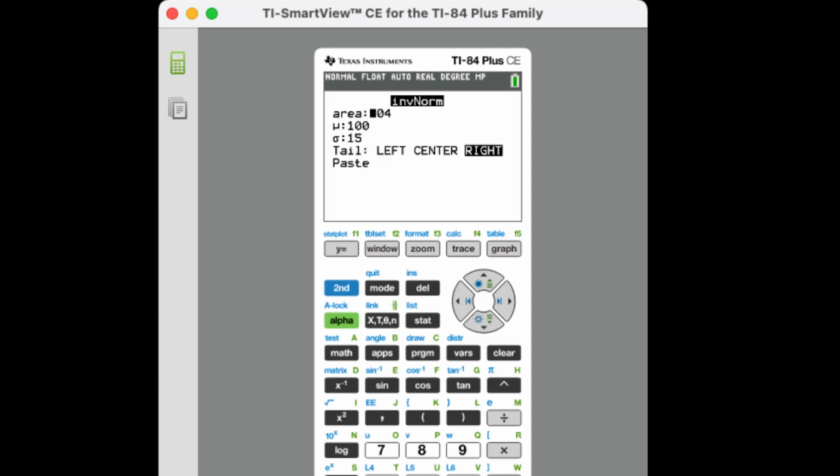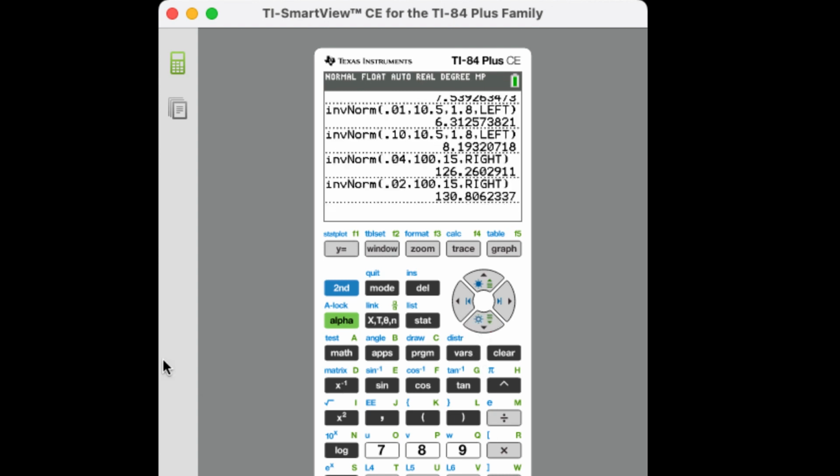We're going to change that to 0.02. It's still a right tail. What do you get? Let's go to the nearest whole number. Is that 131?